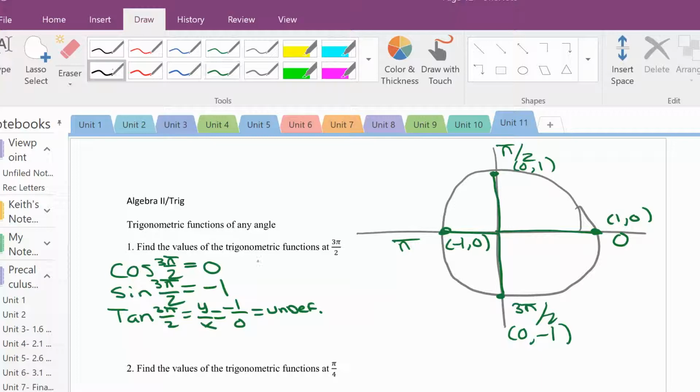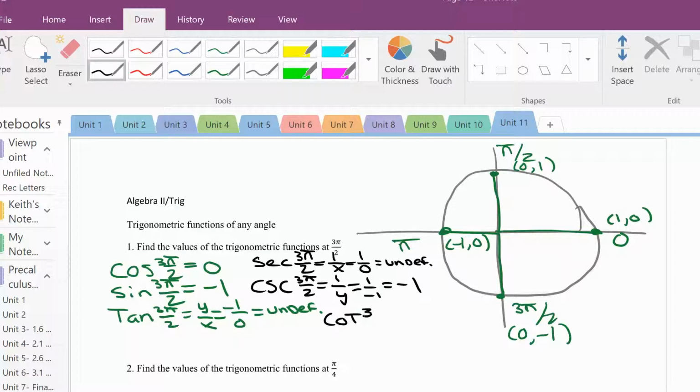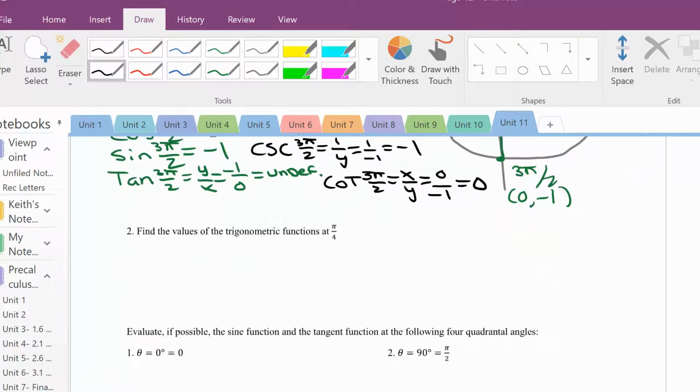The reciprocals, so the secant of 3 pi over 2, remember, is 1 over x. 1 over 0 is undefined. The cosecant of 3 pi over 2 is 1 over y, which is 1 over -1, which is -1. And the cotangent of 3 pi over 2, remember, is x over y, which is 0 over -1, which is 0. So that's the quadrantal angles.